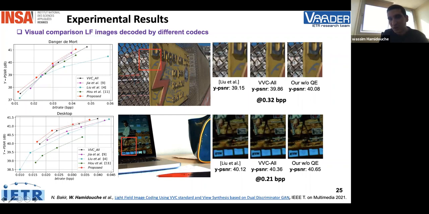The quality is very good and very close to the original image, which is represented here. The PSNR is also higher compared to the other solutions represented here. We also keep all the details of the original image and also the colors. Even if we synthesize the images, the colors are quite consistent with the original frames.